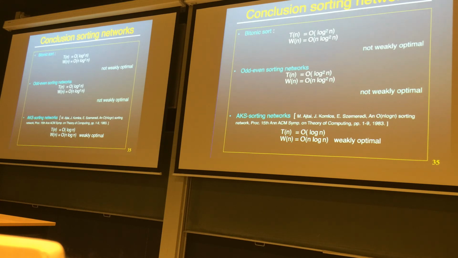And below that, you can simply forget it. So it means that the constants involved in log n and n log n are so high that they can't be applied practically. So we can build optimal networks, but only for very, very, very large n's do they become superior compared to odd-even sorting networks and to bitonic sorting networks.